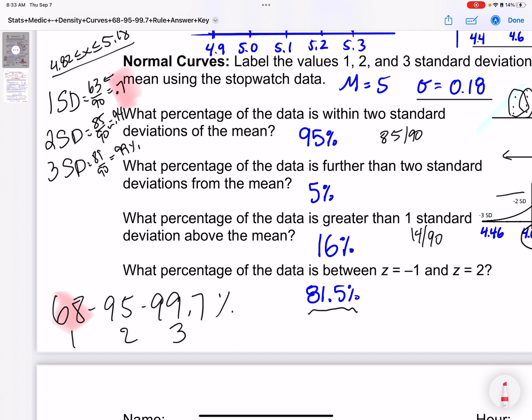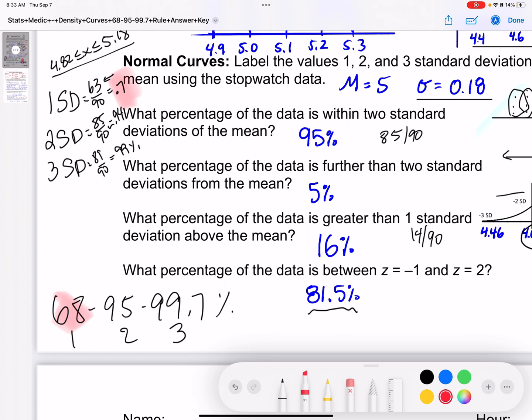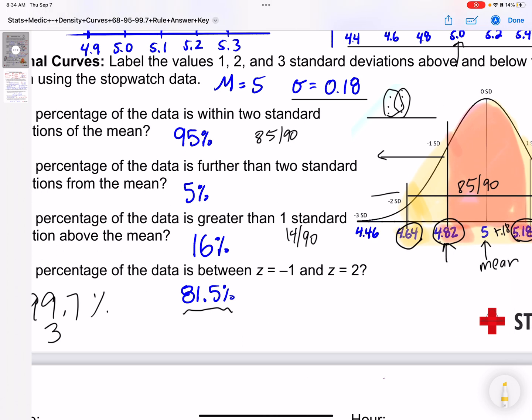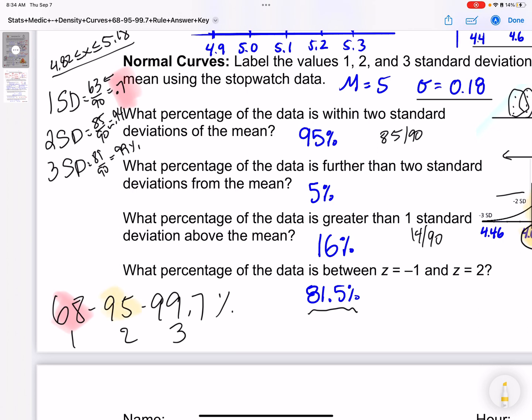It doesn't have to be exact because remember we are looking at trends of data. For 2 standard deviations, it's saying between 464 and 536, about 95% of my people would have values between those values, and we did get about 94%.